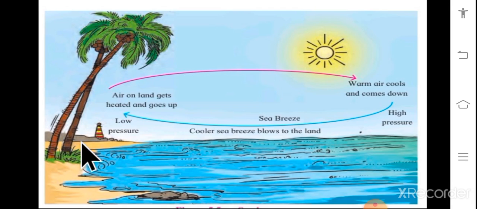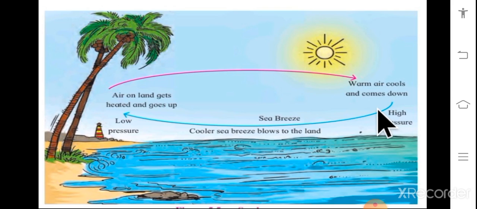The air is going up, ascending, because it has become hot and it moves up. And what happened? Here you get the low pressure. And as I said, the area over here, air is cool. That is why the air pressure is more.